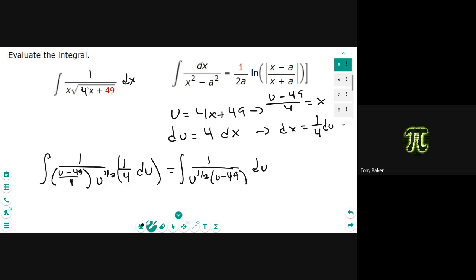I'm trying to decipher their work. Did they distribute? Sometimes that one works out as hard. I don't know where they went. Did they distribute the u to the 1/2 into that? Oh, they made, okay. They actually, all right.